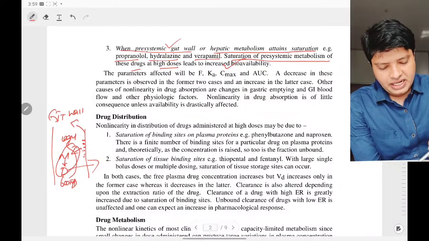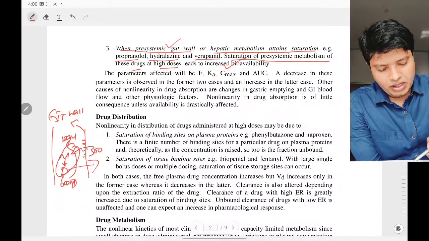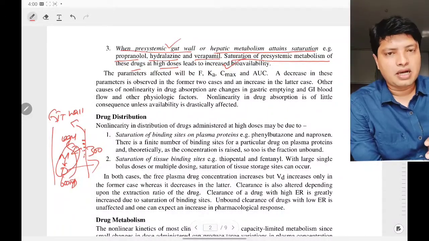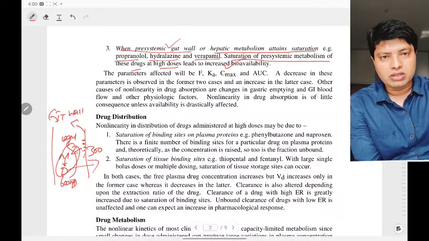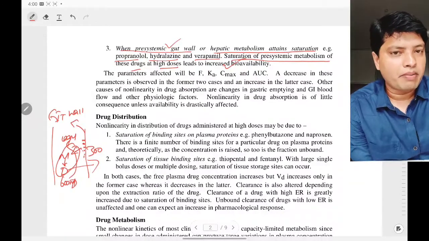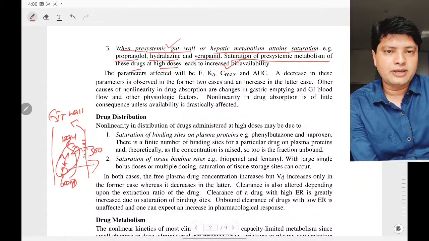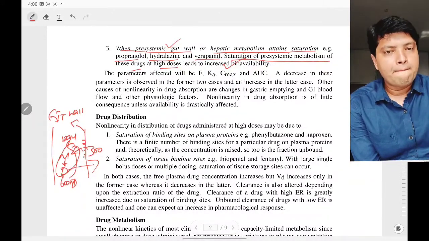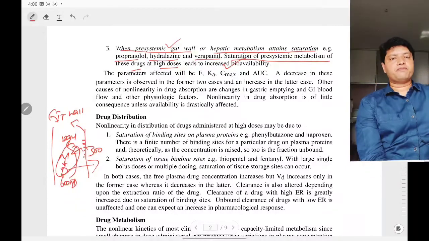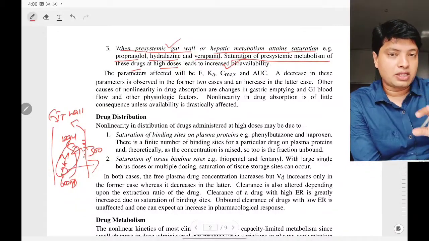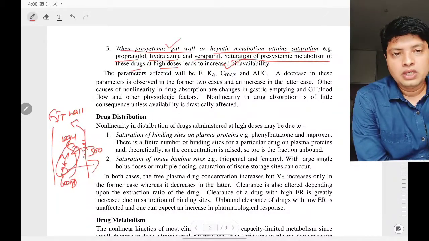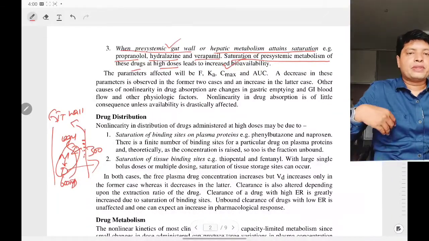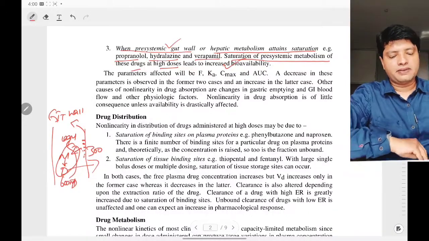Even if you give 600, only 300 should be absorbed because 300 are being metabolized in the gut, by pre-systemic metabolism only. But because at a higher concentration the gut wall metabolism is getting saturated, you are getting more bioavailability. So bioavailability should be constant for the given drug, but here the bioavailability is changing. That is the indication for you that the drug is undergoing non-linear pharmacokinetics.